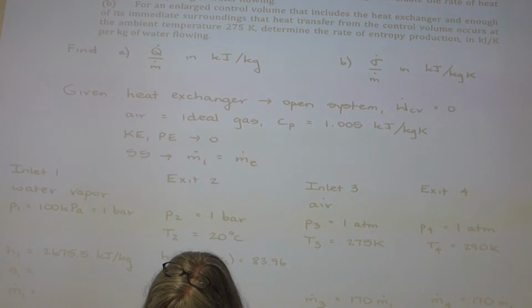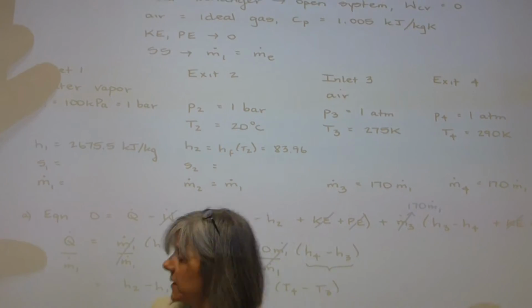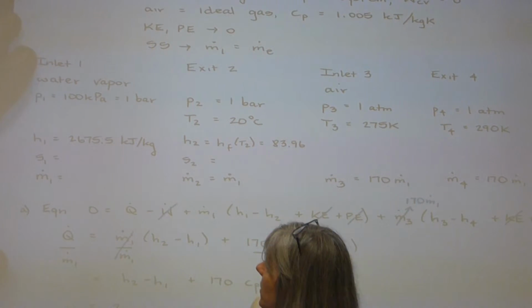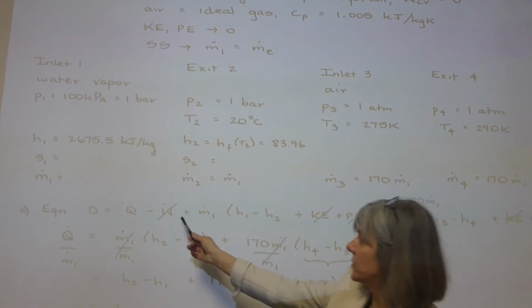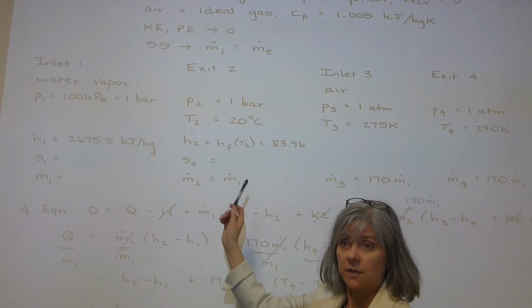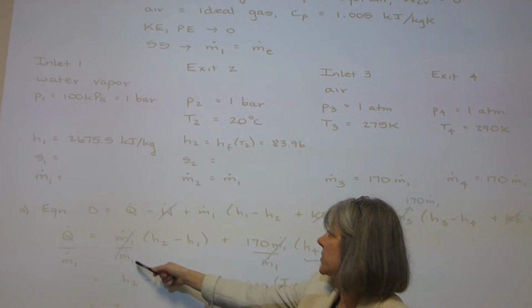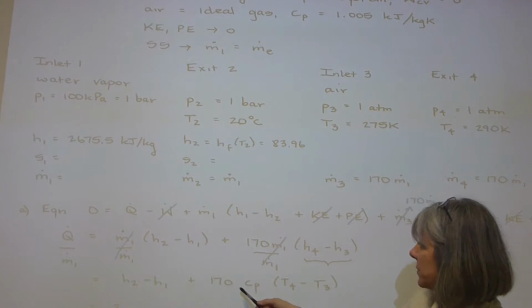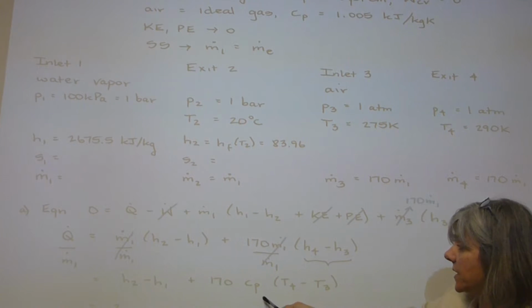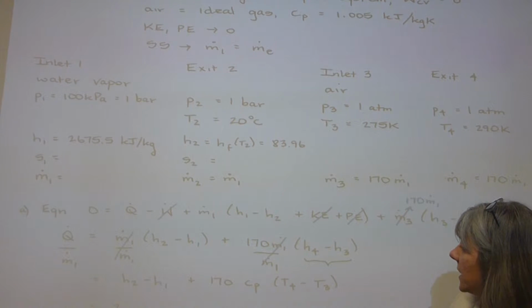So dropping in all those values, can you see? No. There we go. So again, what I've done is I've written my energy rate balance equation. Go ahead and divide it through by M1 dot. That's the proper flow rate that I'm interested in comparing against. So everything cancels. So I'm left with H2 minus H1 plus 170. And then for this, I decided to use C sub P times the change in temperature. So that's easy enough.